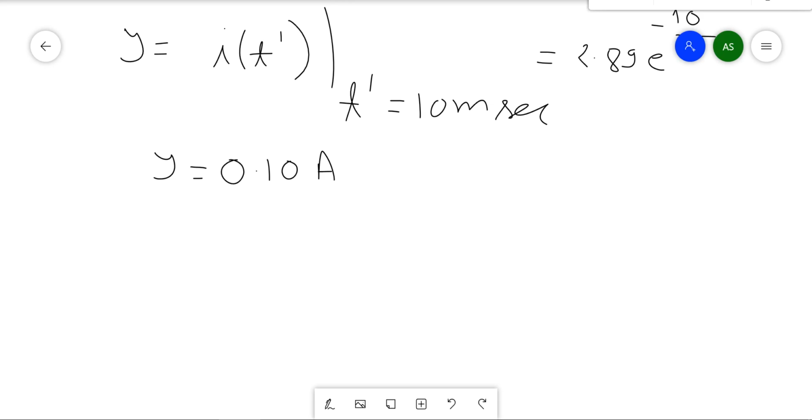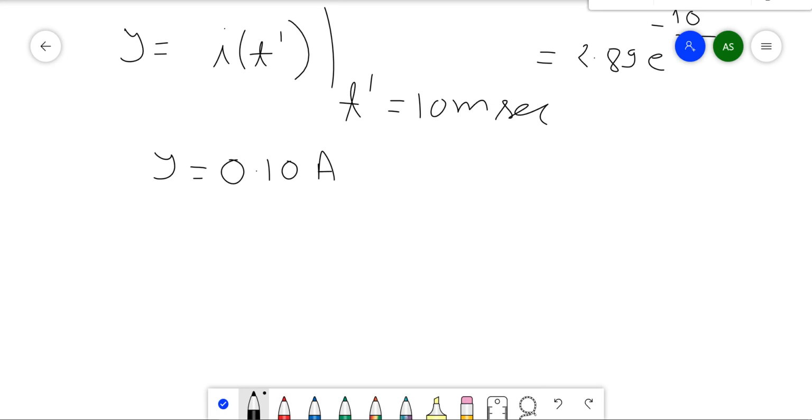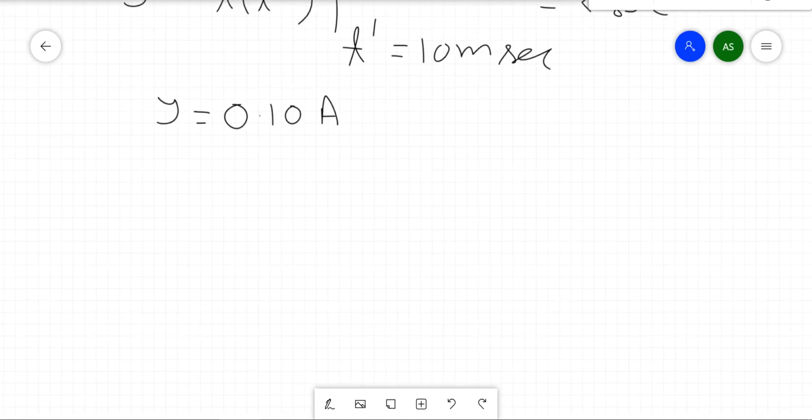So basically the DC component of current we want to plot. Now how can we plot the DC component of the current? We drew the circuit diagram, we can draw it again.